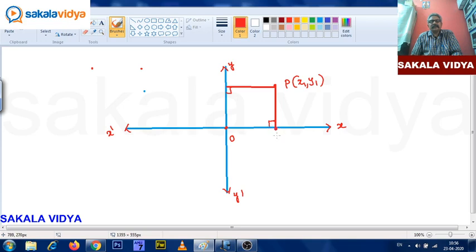Say this point is A, this point is B. Now, I ask you one question: what is the distance from P of x1 comma y1 to the x axis?